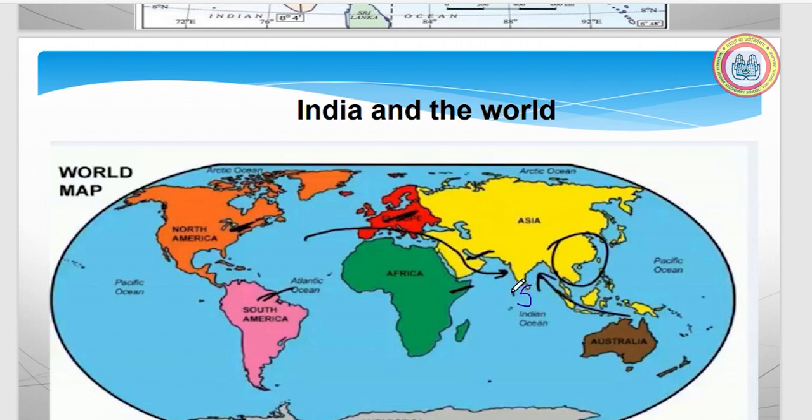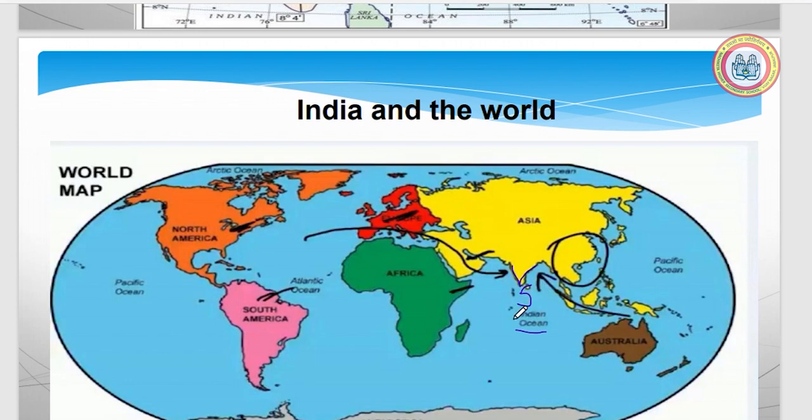This is the Indian Ocean, helping India to establish contact with West Asia, Africa and Europe from the western coast and with Southeast and East Asia from the eastern coast. This is the western coastal area of India and here is the eastern coastal area of India.